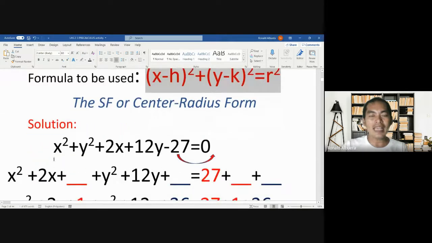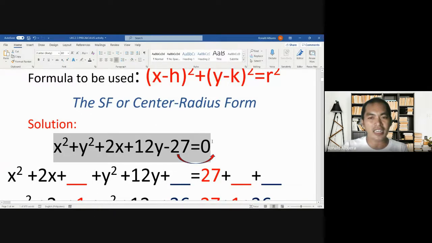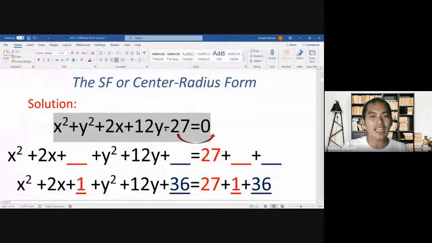Now, the next step is to write the original equation in general form. After that, transpose the constant term, which is negative 27, to the other side of the equation. When we say transpose, you are going to change the sign of the given term.